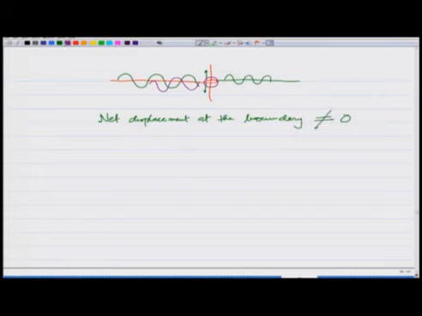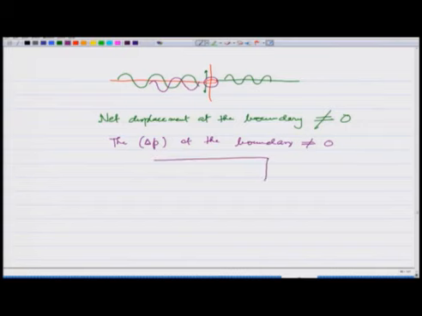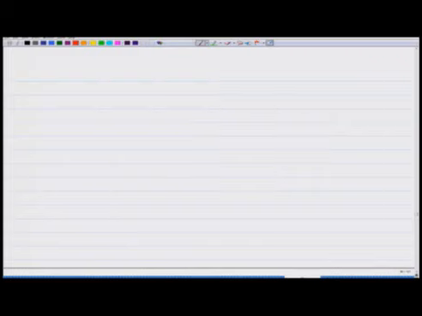In terms of pressure waves, what it means is that the delta P, the pressure difference at the boundary is not equal to 0. That would happen, for example, if I have a pipe and there is a hard wall on one side. Here, no matter what the pressure difference is, nothing really happens. So, delta P here need not be 0. On the other hand, on the side where the pipe is open, delta P is 0. So, I will let you think about this, and now we will move on to discuss standing waves.